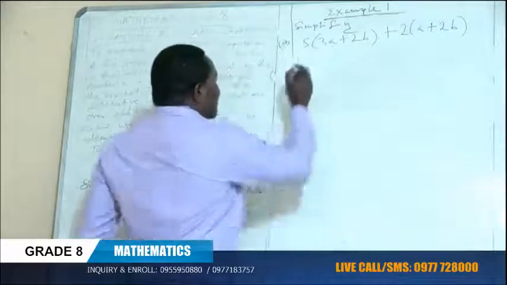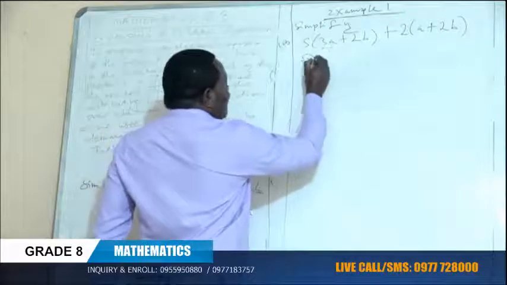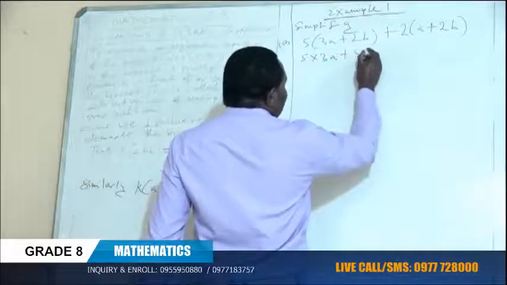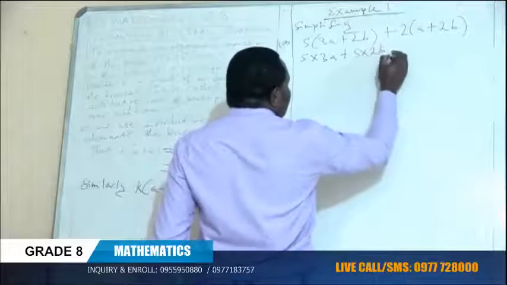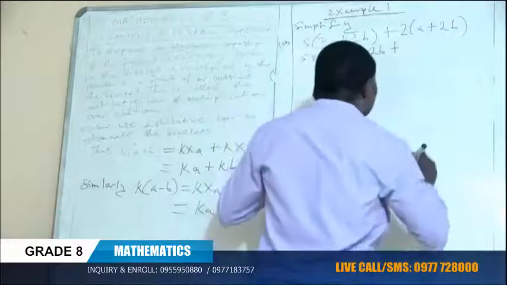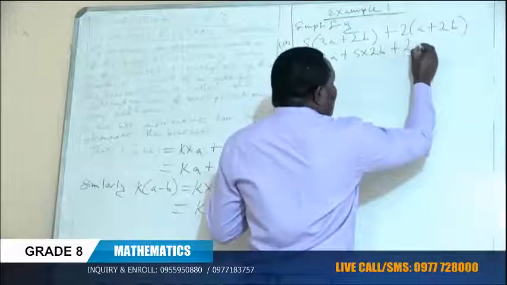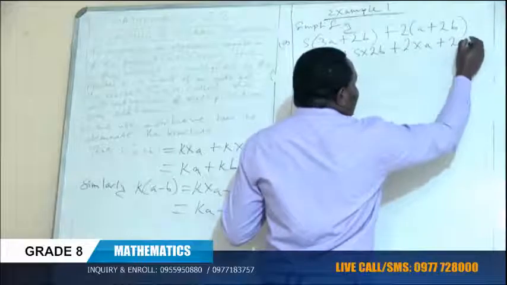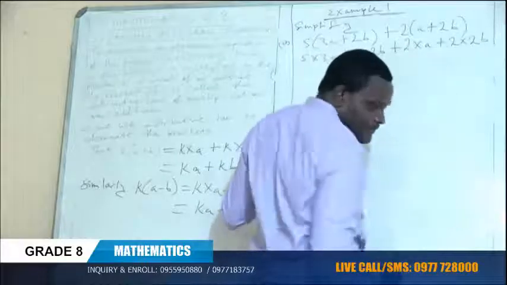So we start with 5 multiplied by 3a plus 5 multiplied by 2b, plus, for the second part, 2 multiplied by a plus 2 multiplied by 2b.